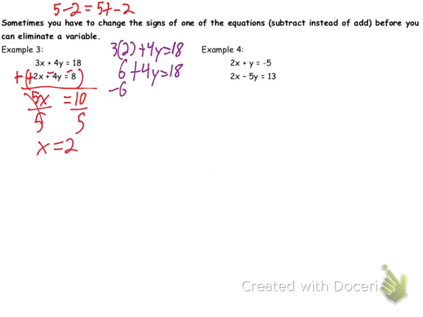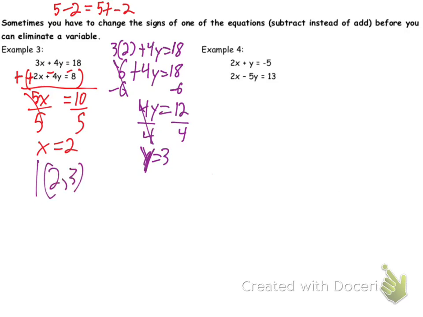Subtract 6. We do our SADMAP subtraction. 4y equals what number? What's 18 minus 6? 12. And then how do we get y by itself? Divide by 4. 3. And we have y equals 3. So how do we write our answer? 2, 3 as an ordered pair.